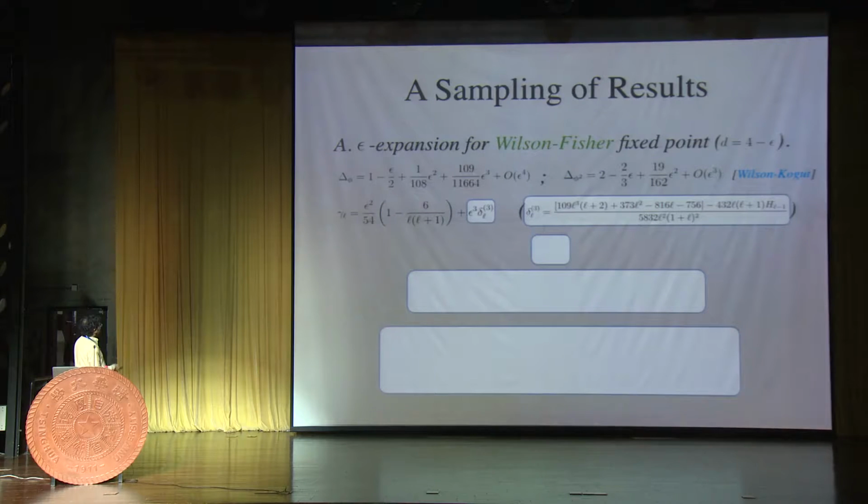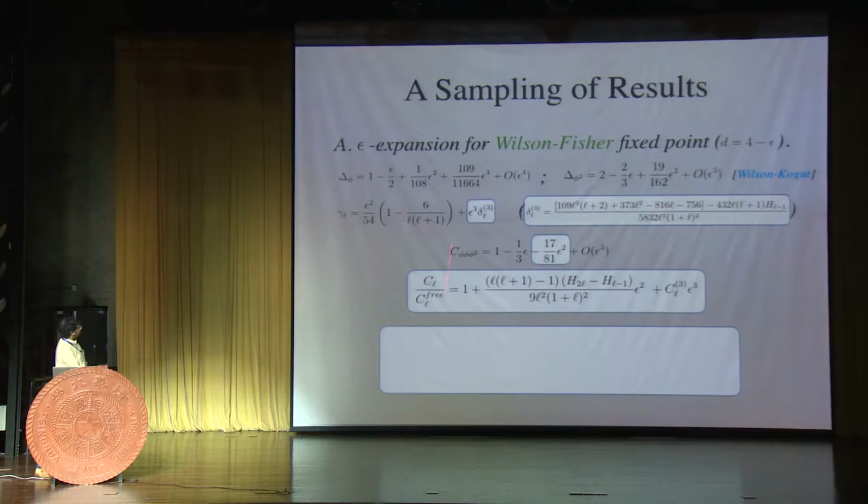Moreover, one can look at the anomalous dimensions of the bilinears, the twist 2 currents. Wilson and Kogut had the leading correction, and this is the thing that vanishes at L equal to 2. We can find the next order correction. It looks quite horrendous, but it surprisingly vanishes at L equal to 2.